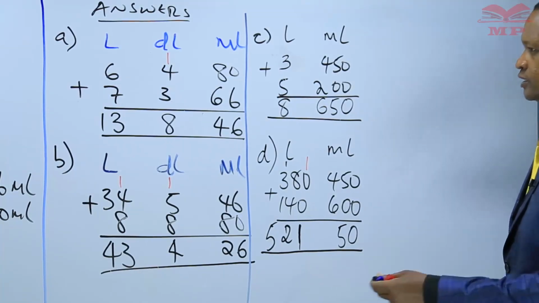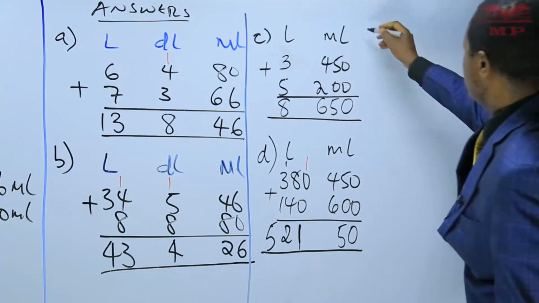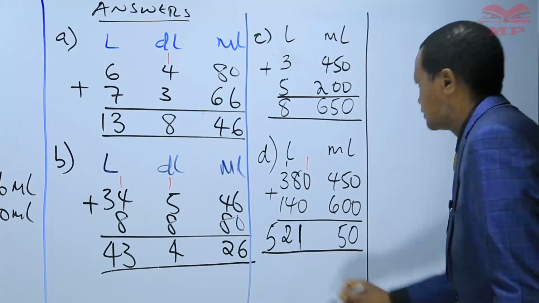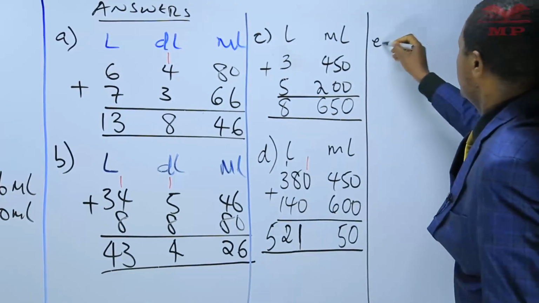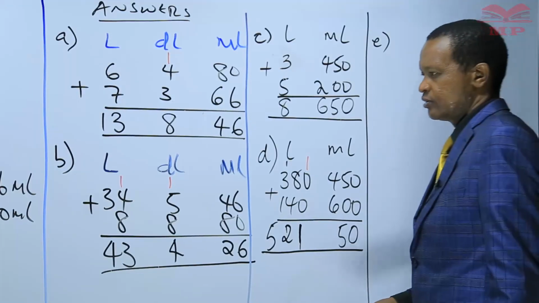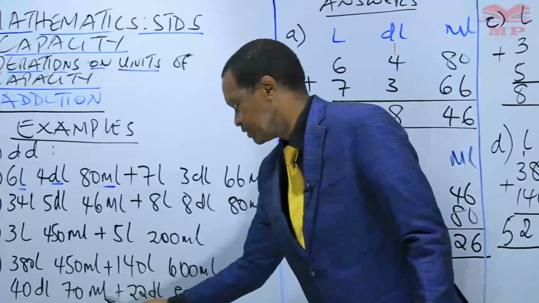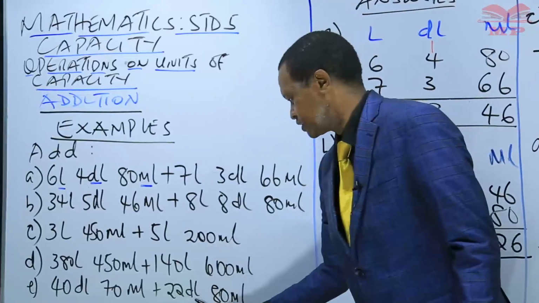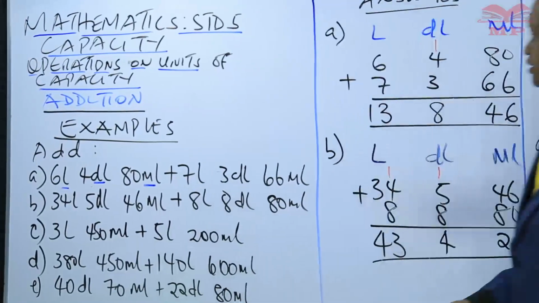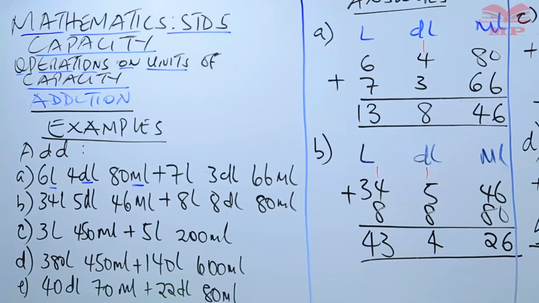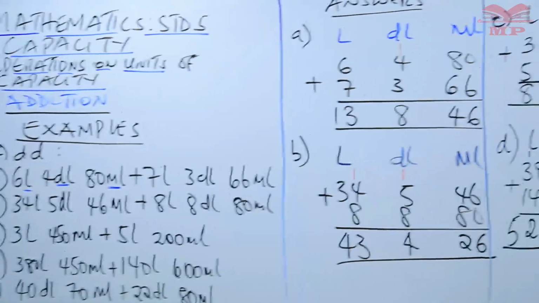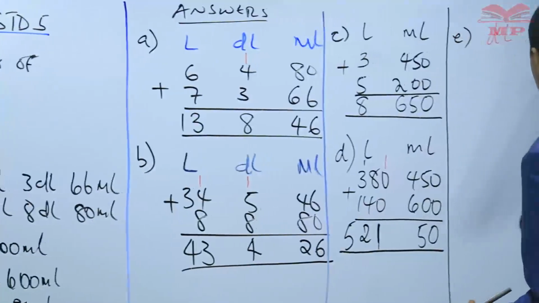Okay, so you want to work out part E. This is D. How about E? For E, we will add deciliters and milliliters to deciliters and milliliters. So we have a column for deciliters. Let me use my blue pen.